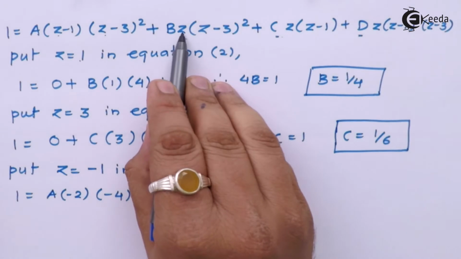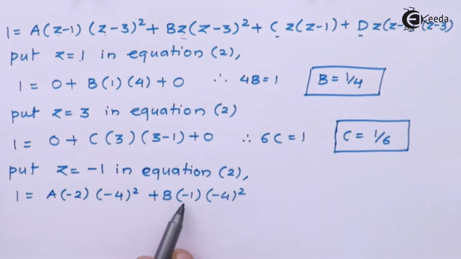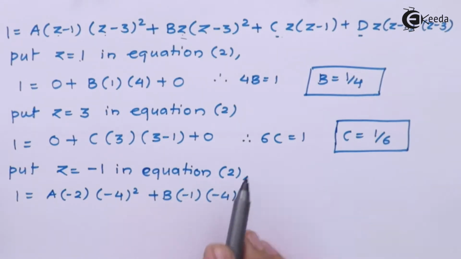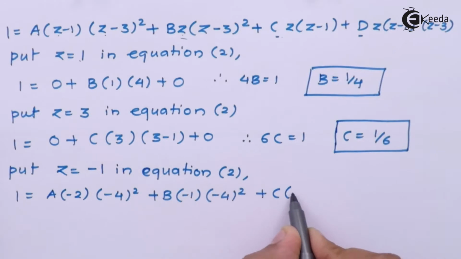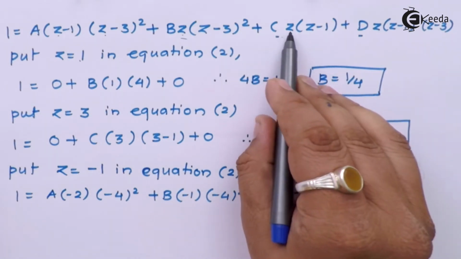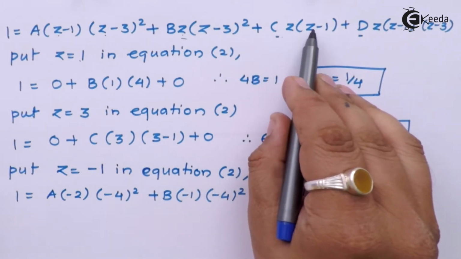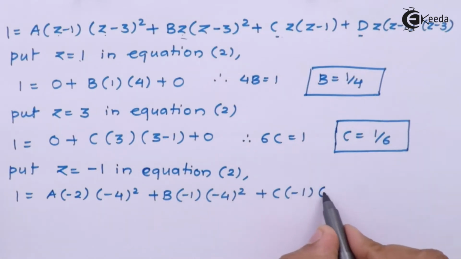Here also BZ, so this Z is replaced by minus 1. Now this Z is also replaced by minus 1, so we have minus 1, minus 3, minus 4, and that will be square. This Z is replaced by minus 1, this one also replaced by minus 1, so minus 1, minus 1 will give us minus 2.